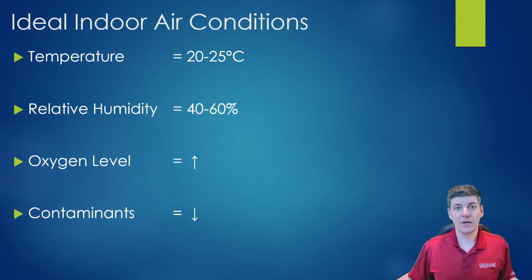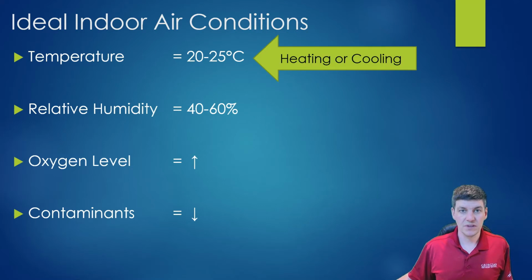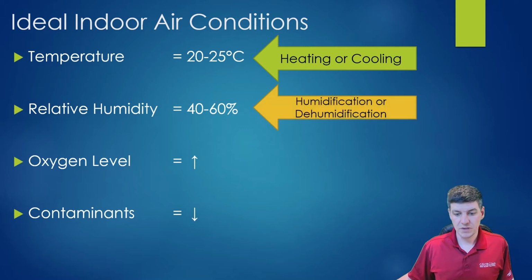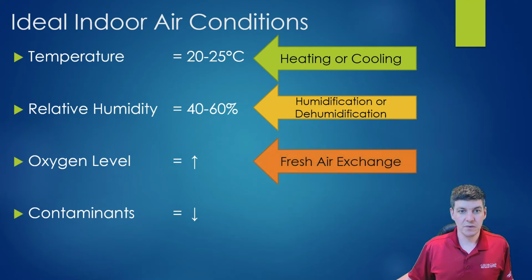So how do we go about that? Well, if we want to adjust our temperature, we're going to have to involve some heating and cooling processes. If we want to adjust our humidity, we're going to have to do some humidification or dehumidification. If we want to adjust our oxygen levels, we're going to need to make sure we're being aware of how much oxygen we are bringing in through fresh air exchange.